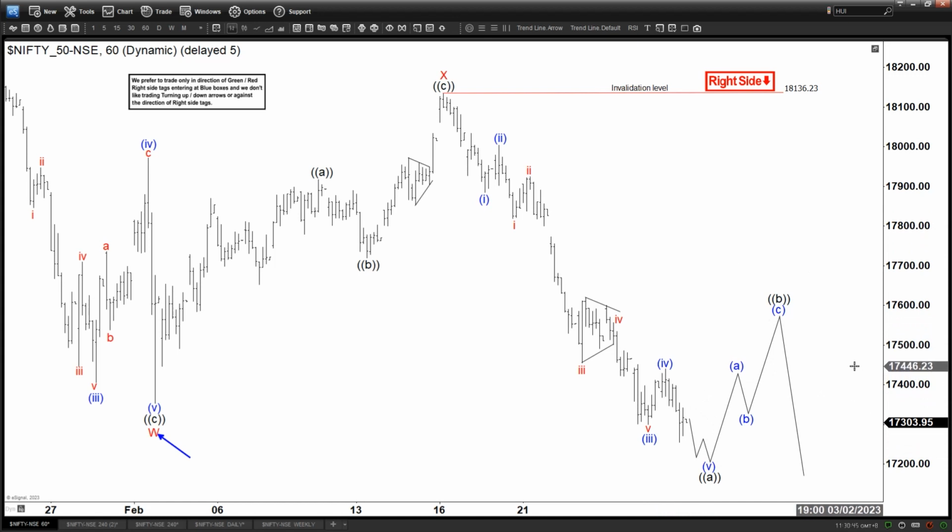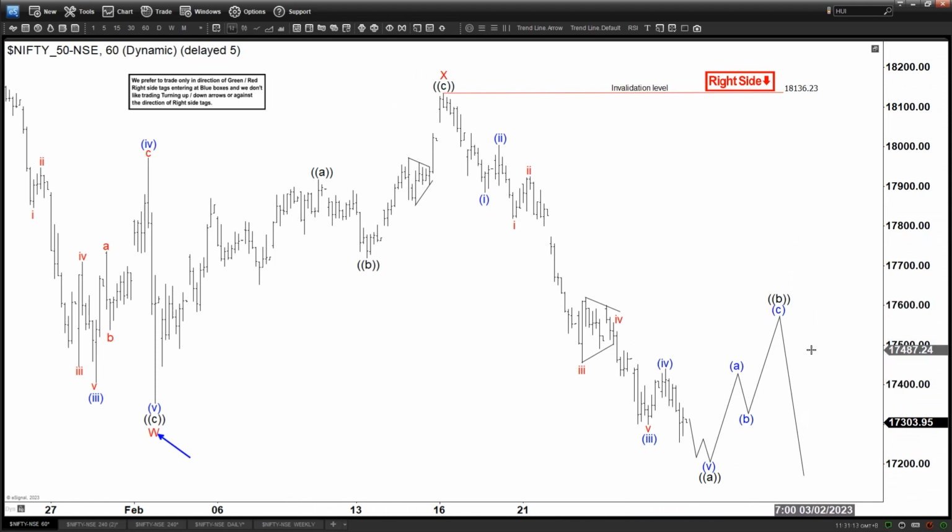The interpretation simply is that this is looking for more downside as long as this level is holding. And if there is any rally, the rally should fail in 3 swing or 7 swing, and we're showing a 3 swing from the beginning, right? A 3 swing rally, and the 3 swing rally should be correcting the 5 waves down.